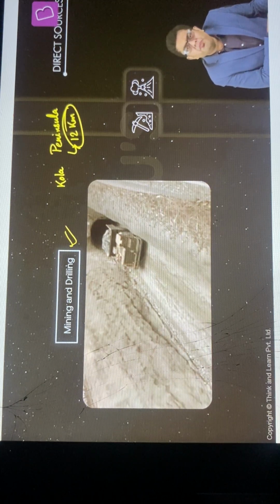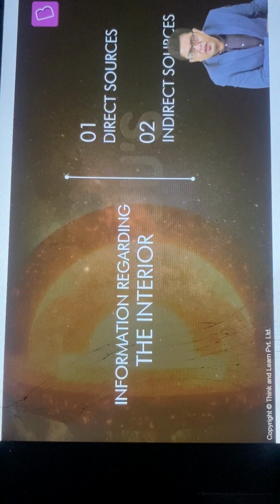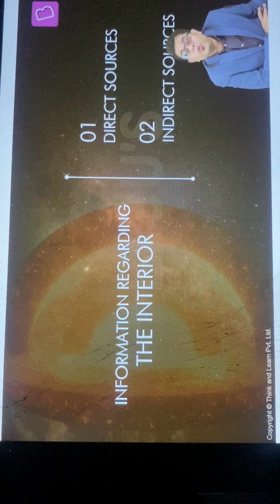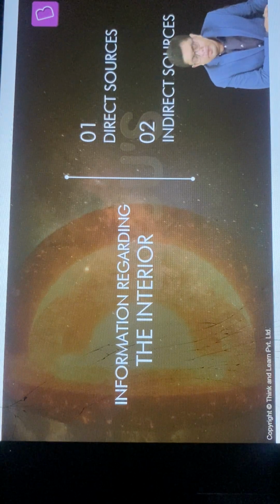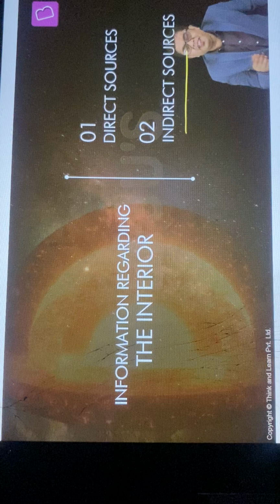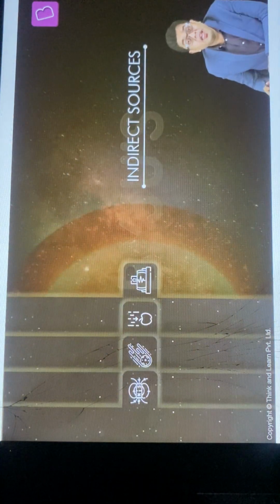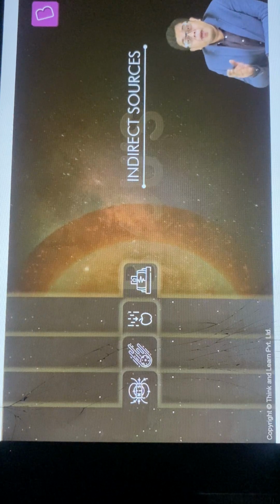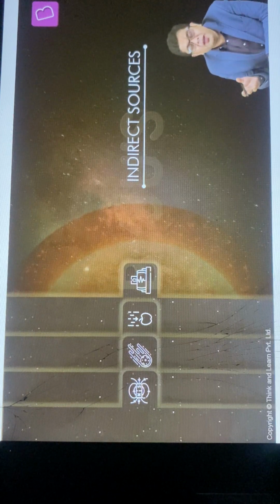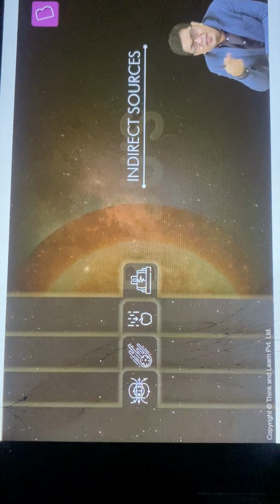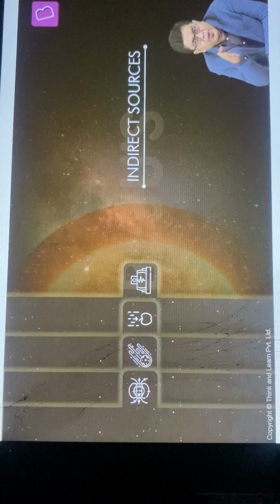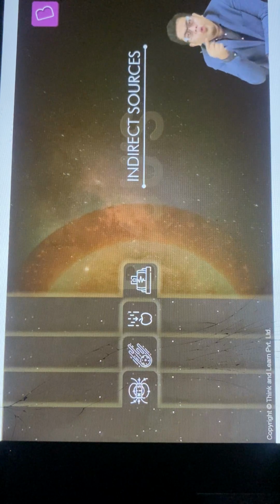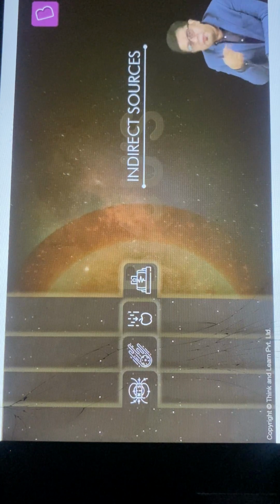But then we have multiple indirect sources at our disposal, which give us some clue regarding what the interior might be composed of. So let us take a look at a few of these indirect sources. Indirect sources mean that they don't directly tell us about the composition of the interior, but by inferring certain data pointers and observing certain experimental results, we can infer what kind of materials might be present.